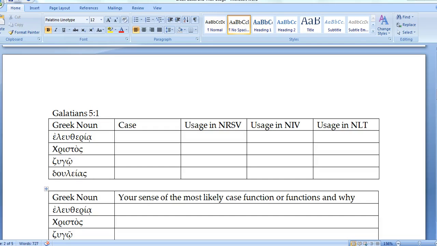The present exercise is intended to help us to think through the Greek noun cases and their various functions, and to think about the ways in which these case functions are represented in translations at different points along the translation spectrum between the formal equivalent translation, represented by the NRSV here, and the dynamic or functional equivalent translation, represented by the NLT, the New Living Translation here.